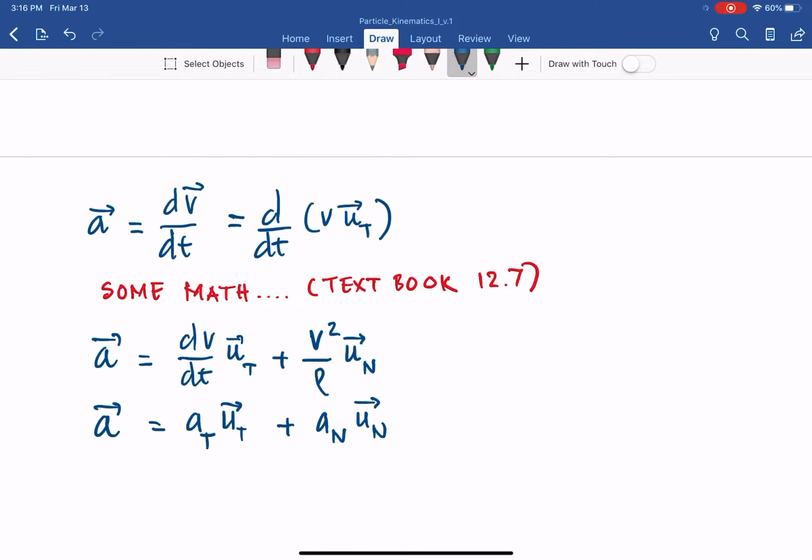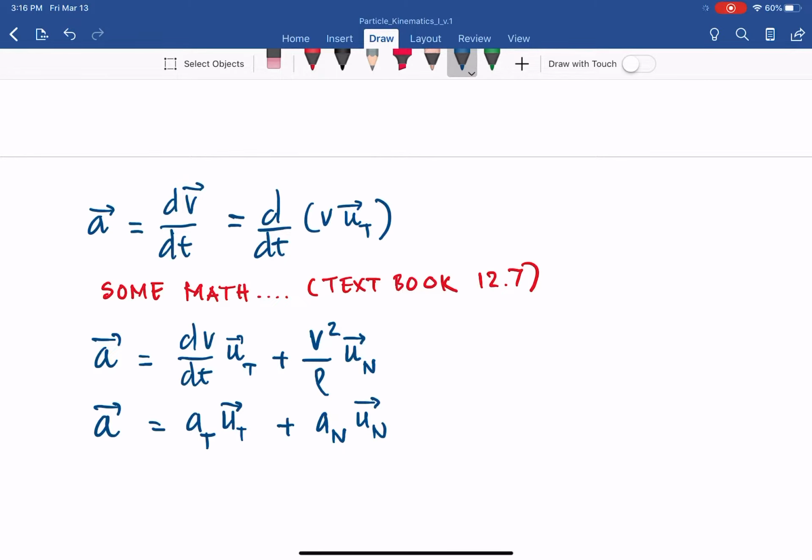Then the normal component is at a right angle to the tangential component, and it will be an, the normal component. For the curve, we need the radius of curvature, which is the rho. Let me put it out here.